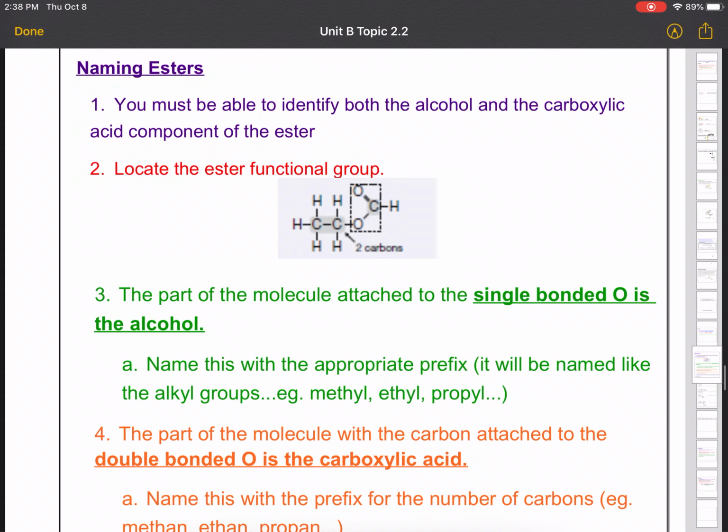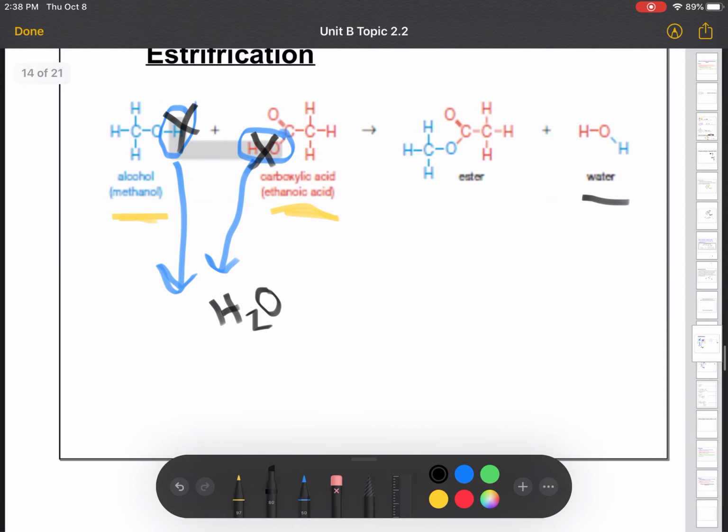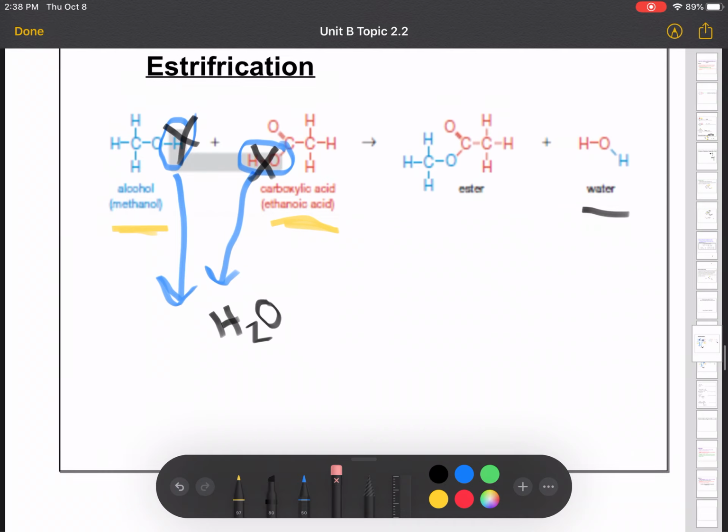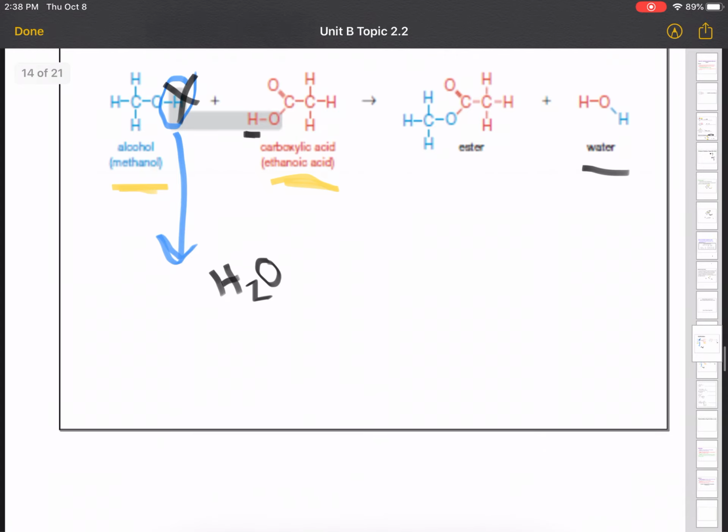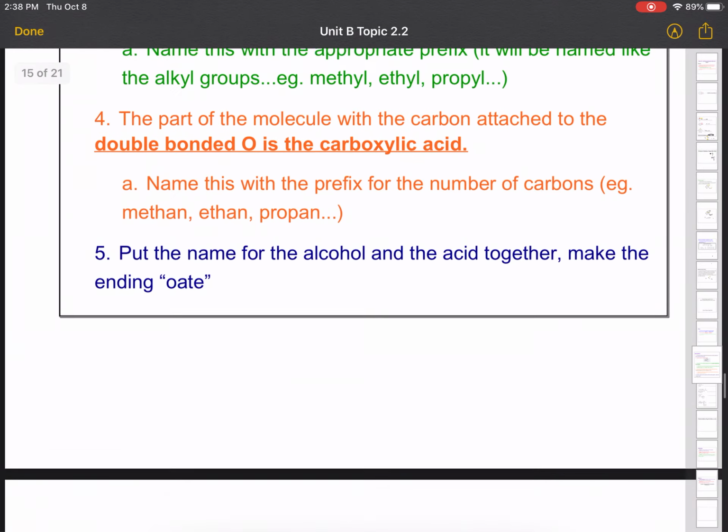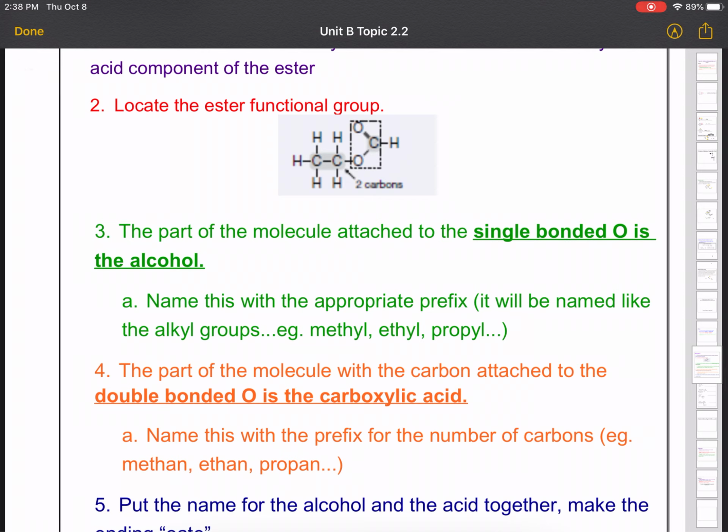Because remember, a carboxylic acid also has a double bonded O, single bonded O, but it's connected to a hydrogen. The difference here with an ester is that it's connected to a carbon. So there's another carbon and possibly another carbon chain. Really important that we keep note of that.